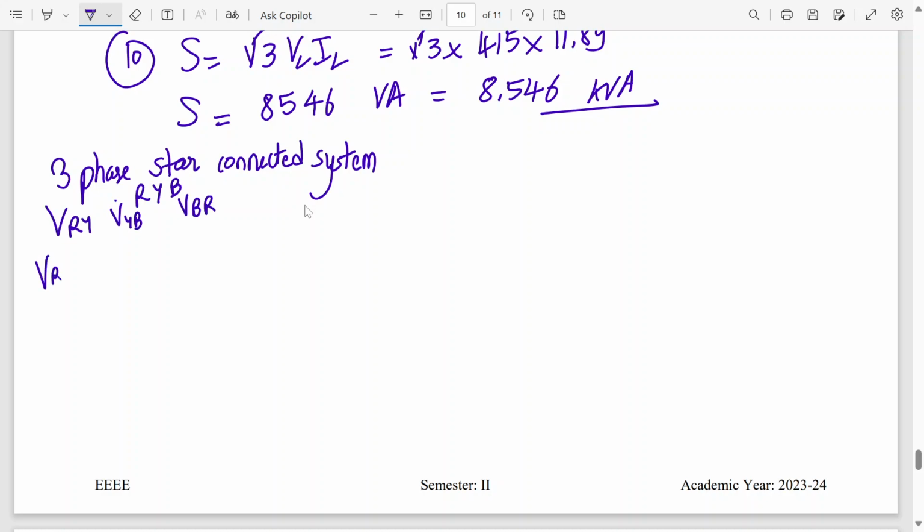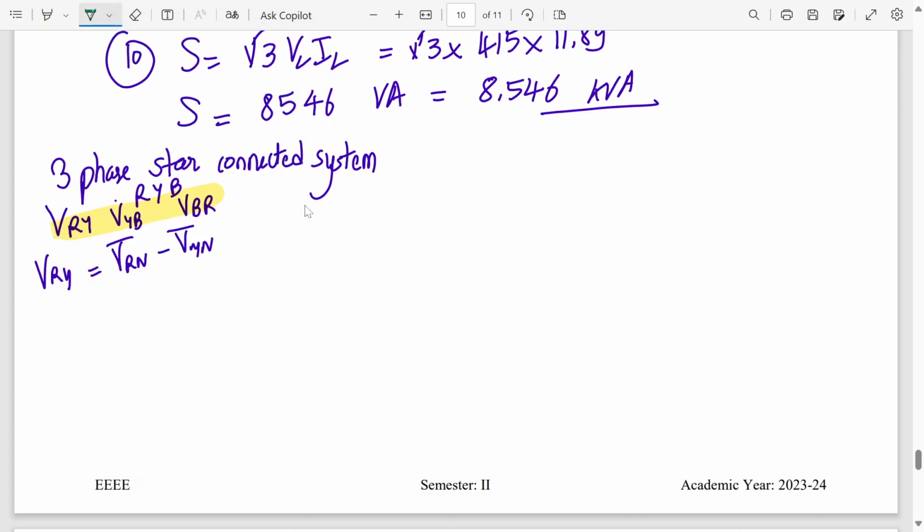VRY can be written as VRN minus VYN. These are my phase voltages, and this is my line voltage. So these three I am writing in yellow color; these are all line voltages.